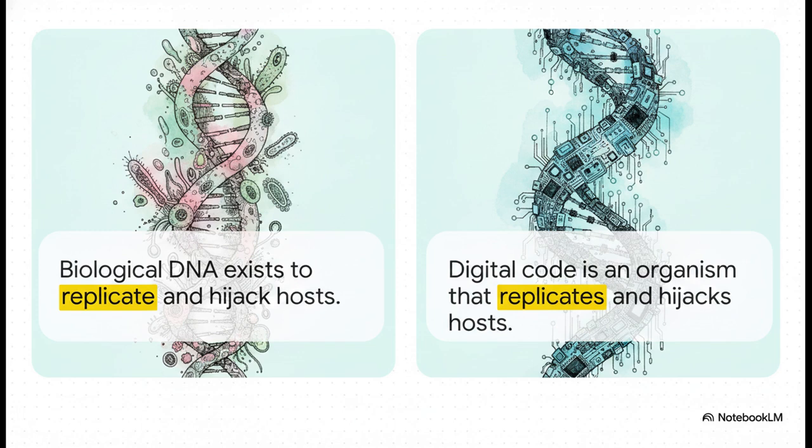Just like biological DNA operates to propagate itself basically at all costs, malicious code acts as a digital organism that relentlessly replicates. It doesn't just sit there passively on a server waiting around. It actually has a biological drive written directly into its digital architecture. It wants to survive, it wants to evade detection, using techniques you're probably familiar with like polymorphism and obfuscation, and above all else, it wants to spread.